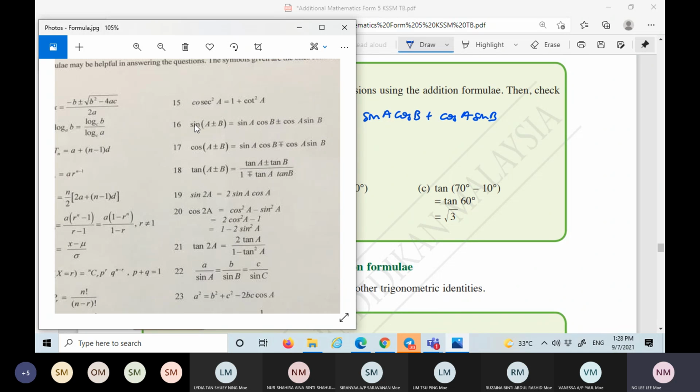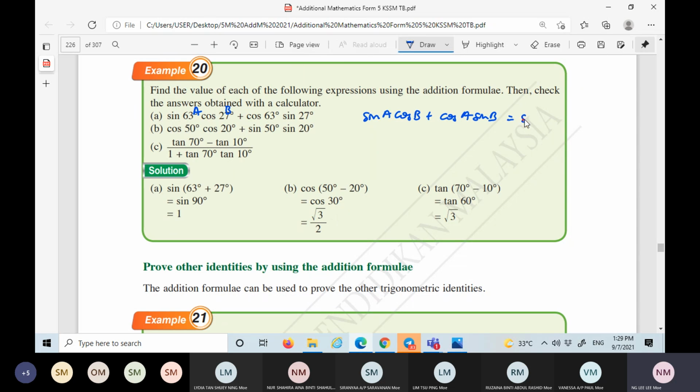So this one is equal to sine in bracket A plus B. A is 63, B is 27. 63 plus 27 is 90. Sine 90, you press the calculator, you get 1.